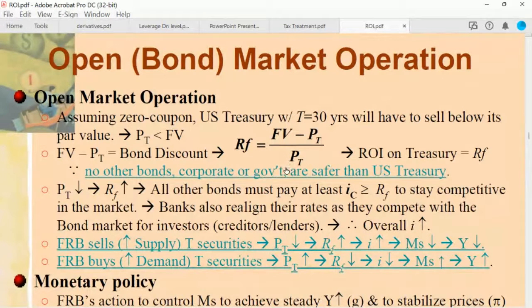Now remember, this is just like scenario one of the house value example. Why? Because in scenario one, you buy the house and use it just as your home, so there's no additional income or cash flow.